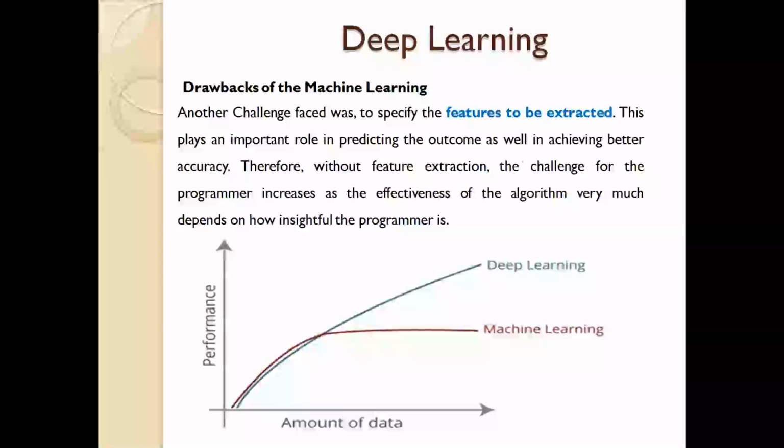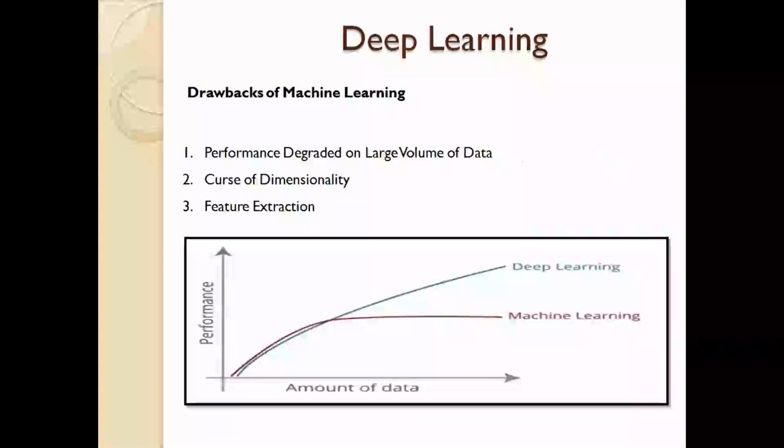That is called feature extraction. As a manual technique, I would go column by column, but it is very difficult to go one by one and find the important columns. Hence it is another drawback of machine learning that if the number of columns is very, very high, feature extraction is very difficult. But in deep learning, feature extraction is done by the algorithm.